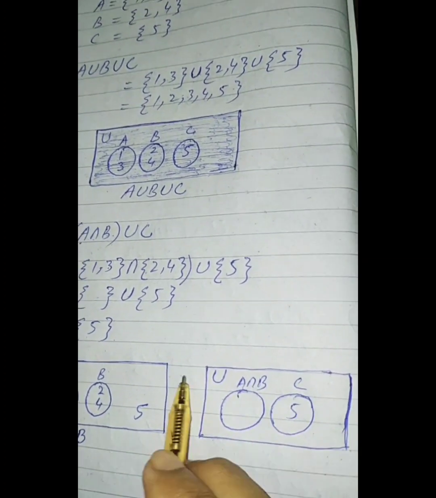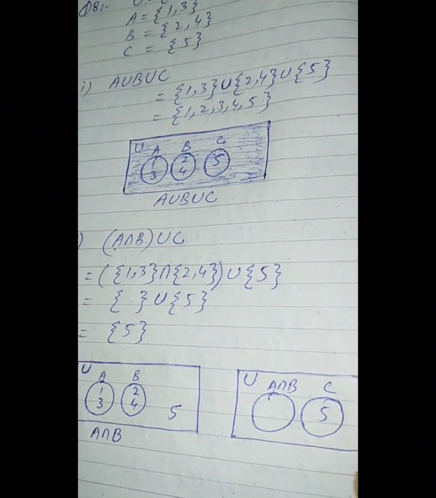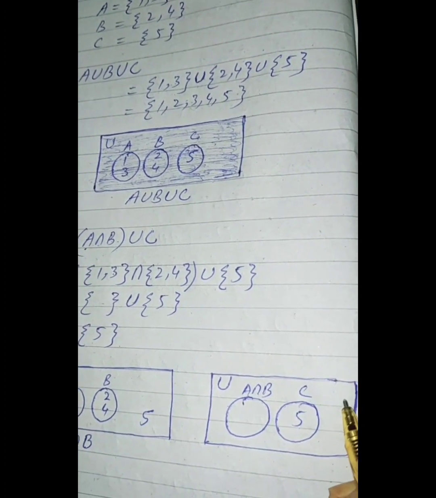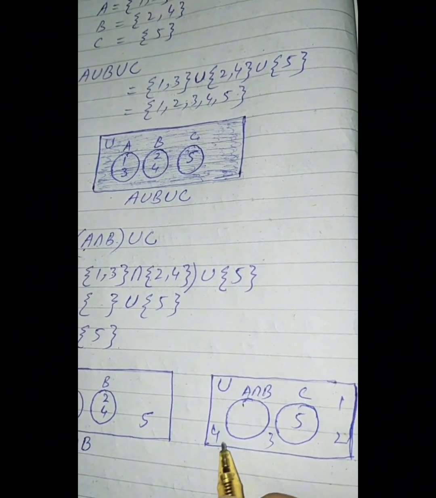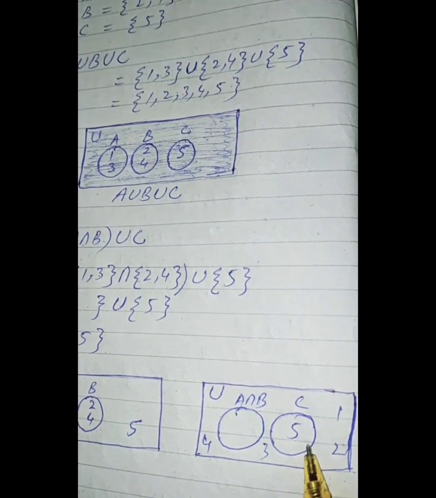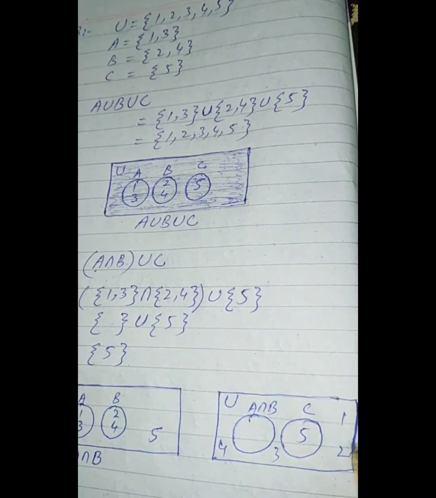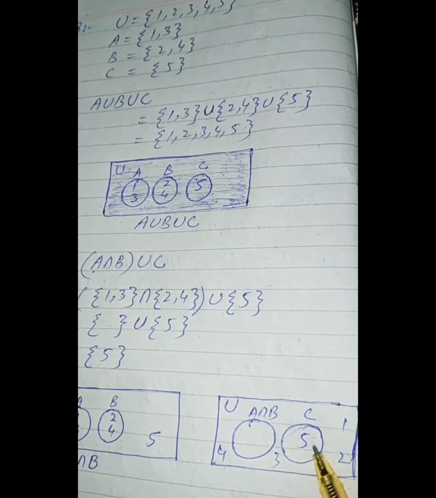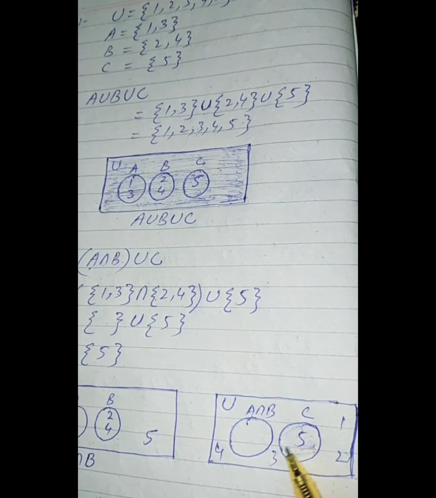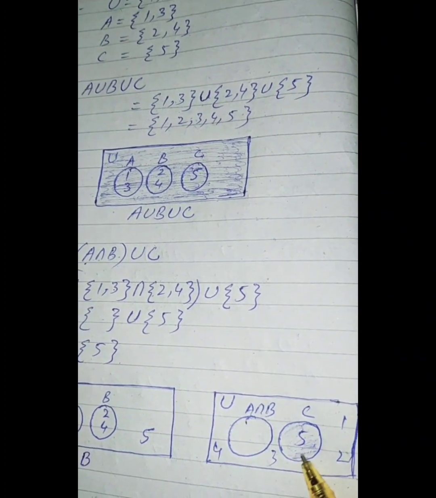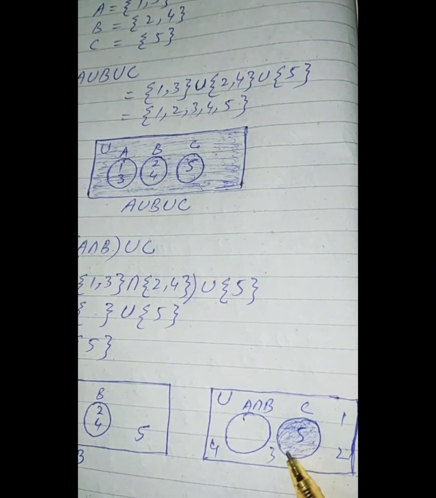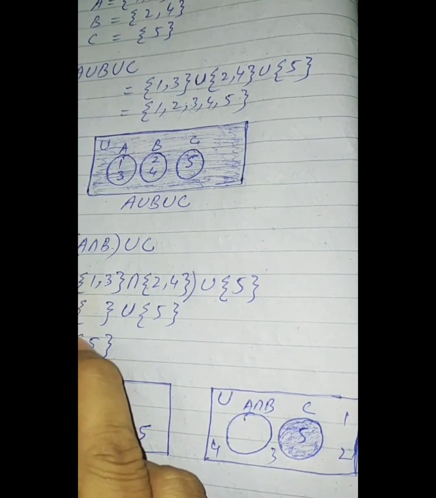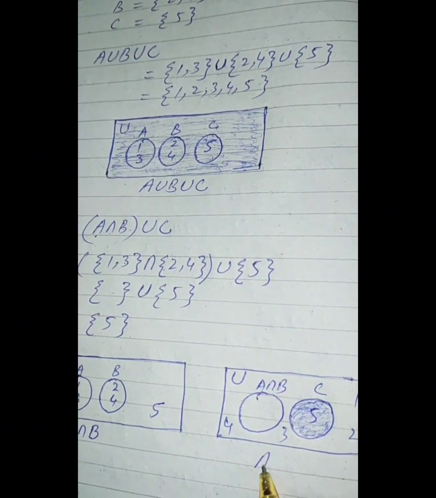Clear? And the whole universal set has 5 members. So 1, 2, 3, 4 are outside of these two circles. Now the resultant of these two sets equals 5. So we will shade only set C, because set C represents only 5. So this is the final diagram for A intersection B union C.